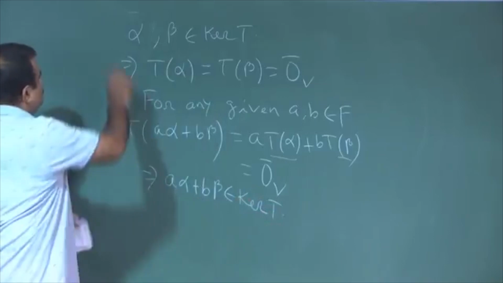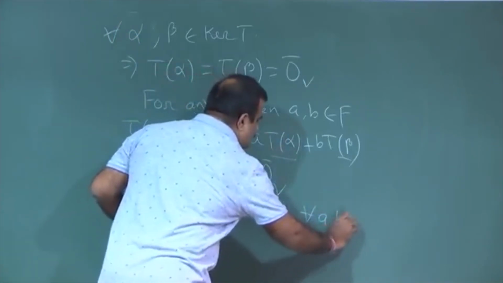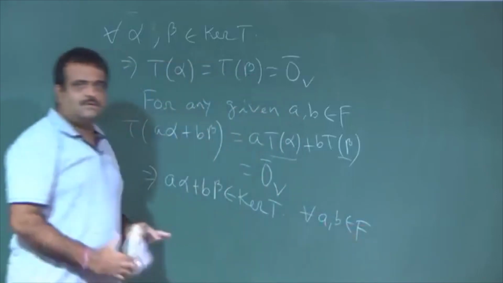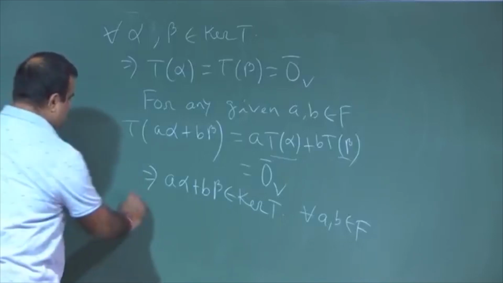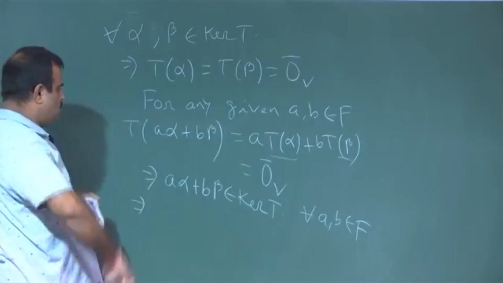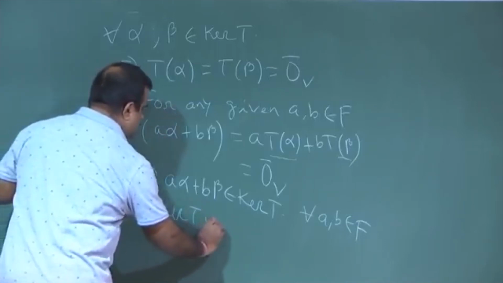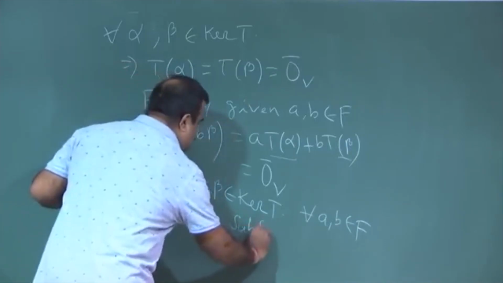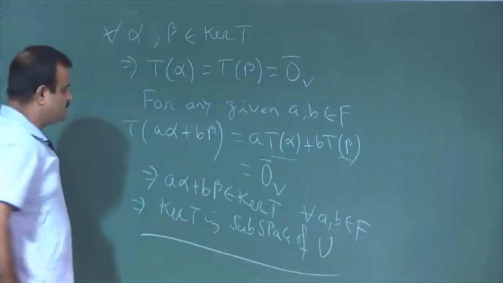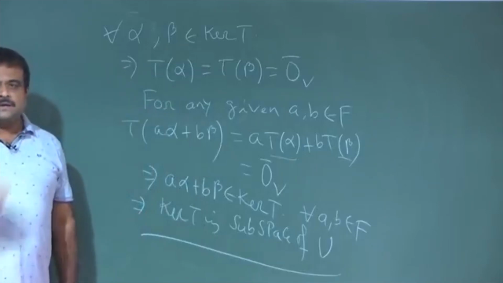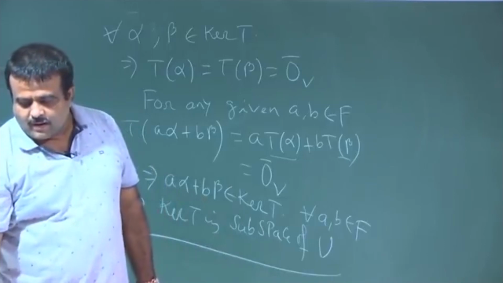So, this is true for all alpha, beta, and this is true for all a, b from the field. So, this implies, by the theorem which we have proved in the vector space class, that kernel of T is a subspace of U. Kernel of T is a subspace of U. Okay.